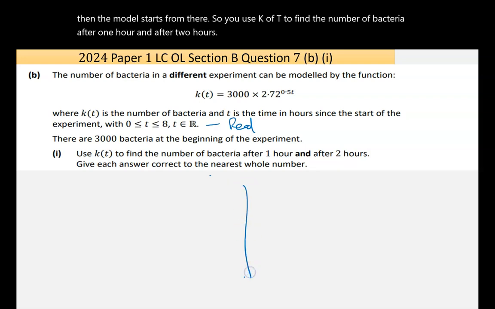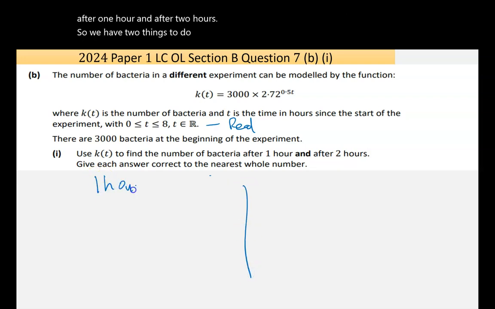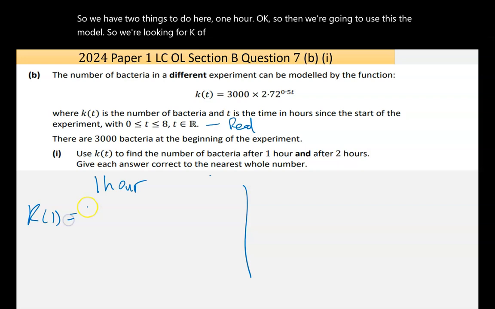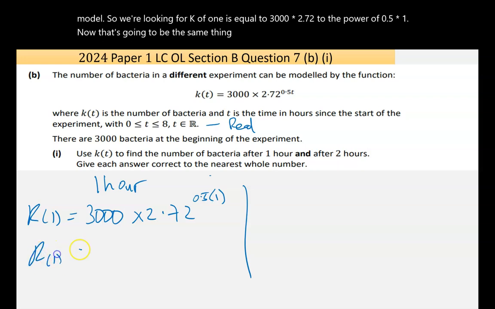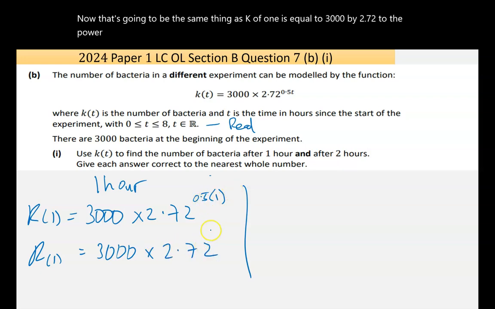So we have two things to do here. 1 hour, okay. So then we're going to use the model. So we're looking for K of 1 is equal to 3,000 multiplied by 2.72 to the power of 0.5 times 1. Now that's going to be the same thing as K of 1 is equal to 3,000 by 2.72 to the power of 0.5 by 1 is 0.5.